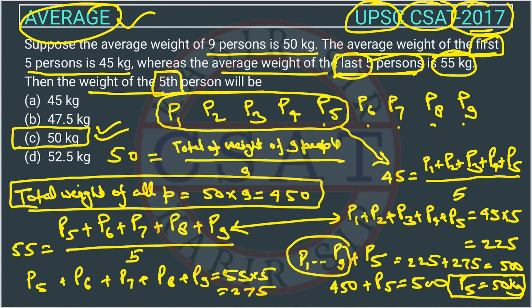This is our answer. If you understand this basic concept, then you can skip various steps and do it very fast in the exam. So first of all, you have to understand this basic concept, then you can do the fast calculation and skip some steps.